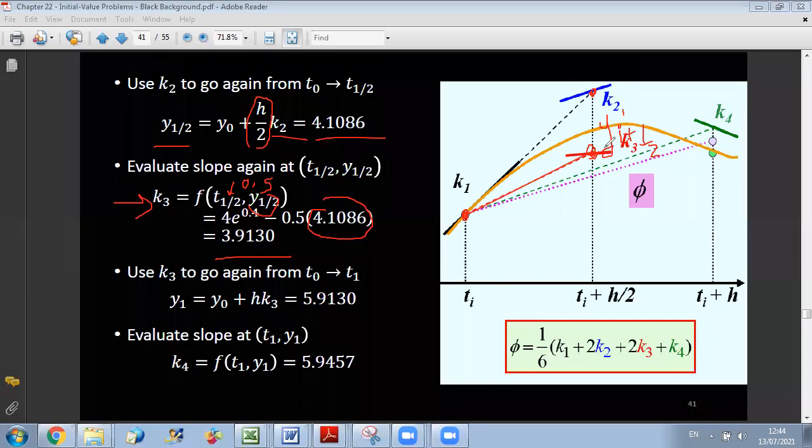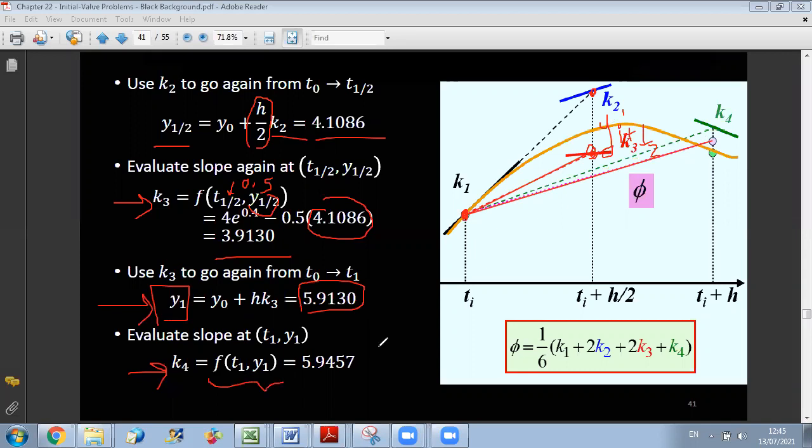Once we get k3, we go back to the first point, but now we move a step of h instead of a step of h over 2. This allows us to find y1. So y1 is y0 plus h k3, and we can evaluate at this y1 the slope k4, where k4 is defined as f of t1, y1.